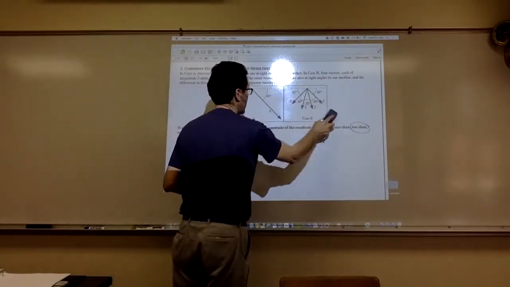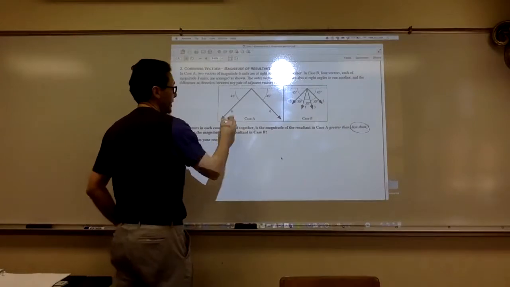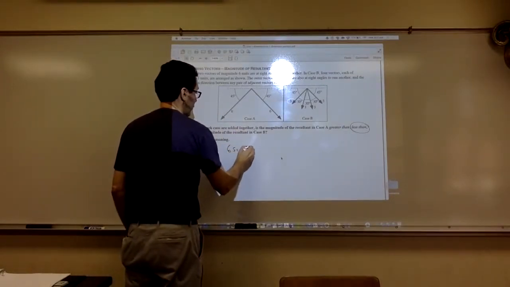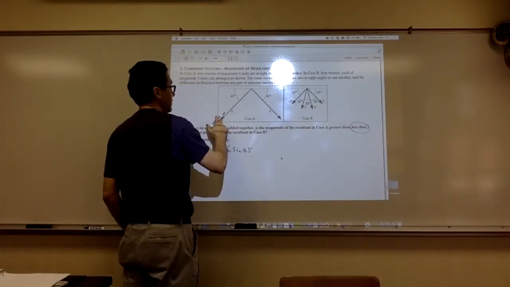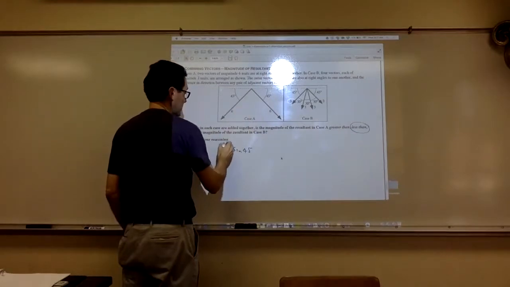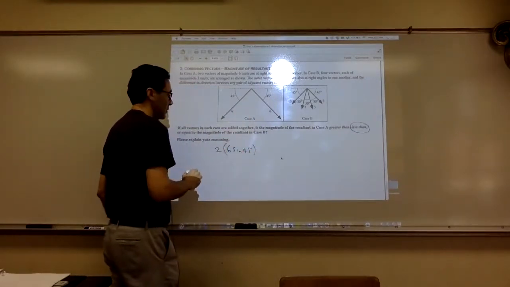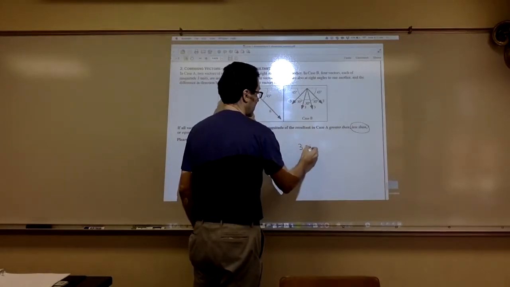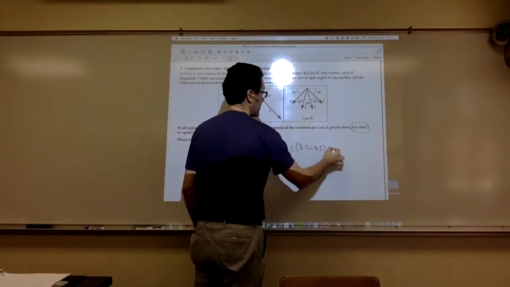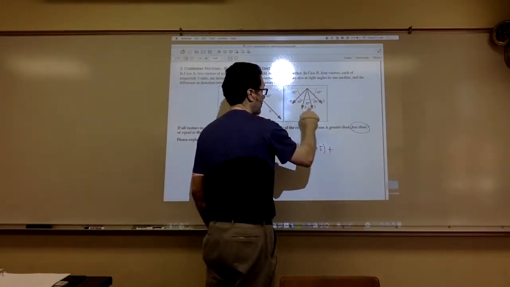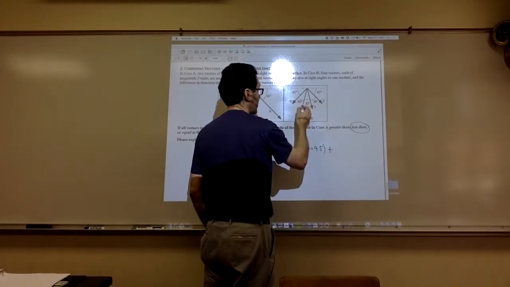Now let's see how we can do this with the math. For this guy here, the y component would be 6 sine 45. You're looking for this. We already said that the x components cancel out. But you have this twice, so 2 times that. Now let's look at it here. You have 3 sine of 45, and you have that twice, plus the y component for these 3's here, basically this component here.